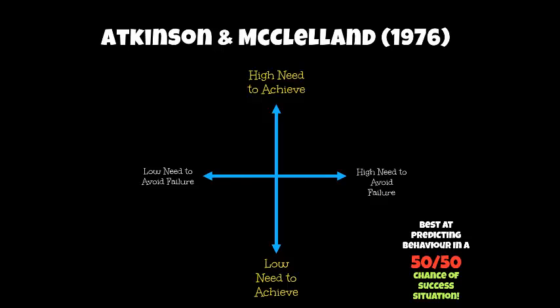However, if you were classified as a low need to achieve individual, in that 50-50 situation, you might already be thinking, well actually I'm not going to win this, I'm not that fussed about if I win this ball or not, and so therefore the likelihood of success would be a lot lower. Okay, so again, just to emphasise this point, the model is best at predicting behaviour in a 50-50 chance of success situation. This model is perfect for that.